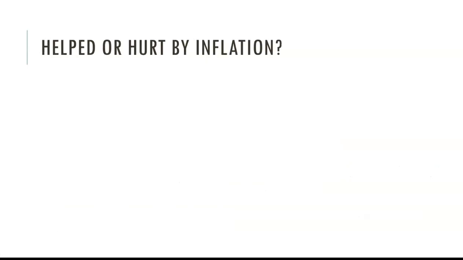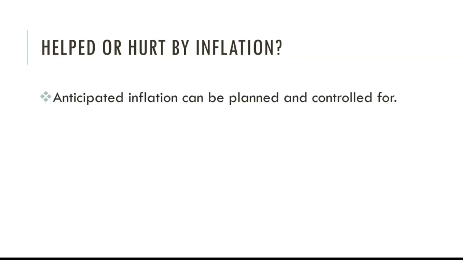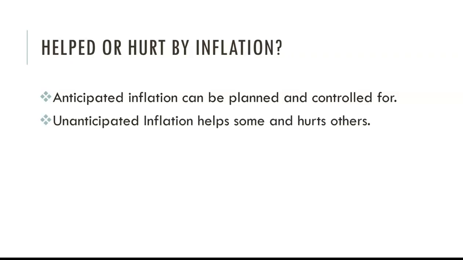So who is helped and who is hurt by inflation? If we have anticipated inflation, it can be planned and controlled for, but unanticipated inflation can help some people and hurt others. When we're looking at borrowers versus lenders, inflation is going to affect the real rate. So real is equal to nominal minus inflation.